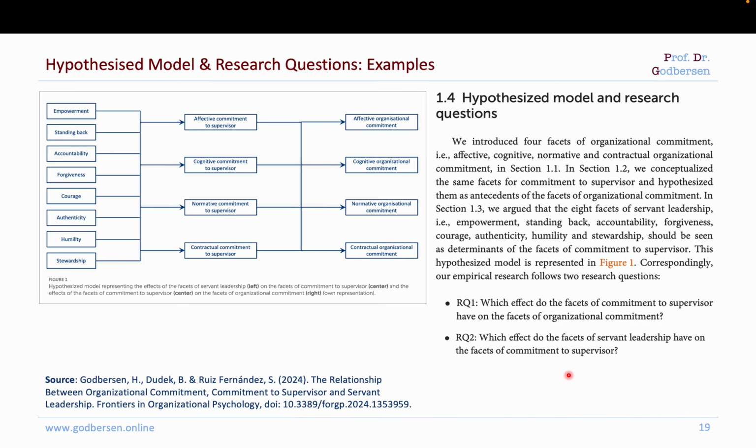You might be fine with a very simplified approach. And that is the next example. I've also shown you this example in the course of this crash course. It is coming from the article on the relationship between organizational commitment, commitment to supervisor, and servant leadership.